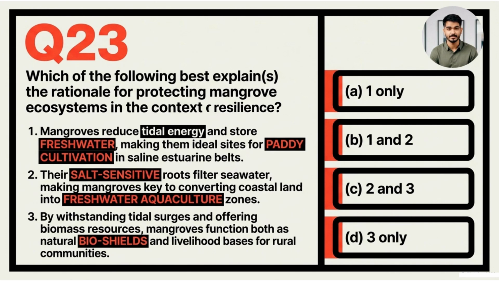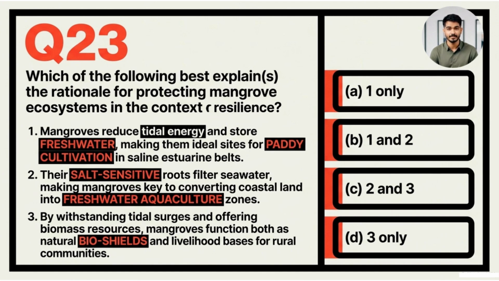Question 23. Which of the following best explains the rationale for protecting mangrove ecosystems in the context of climate resilience? 1. Mangroves reduce tidal energy and store fresh water, making them ideal sites for paddy cultivation in saline estuarine belts. 2.